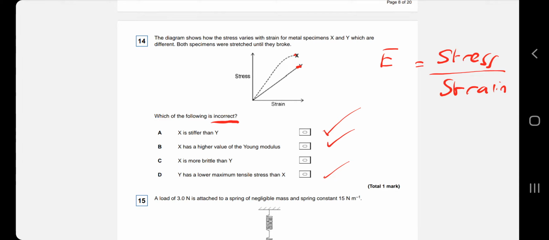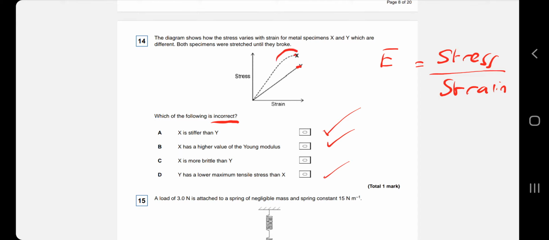X is more brittle than Y. Looking at these graphs, the more brittle material is definitely Y, as in the original question. It says that both specimens are stretched until they broke. Y breaks without warning, which would indicate that it is a brittle material. Could be glass.